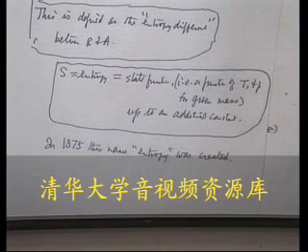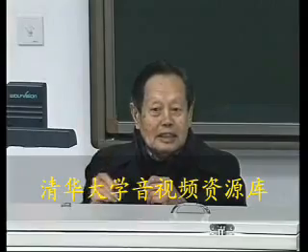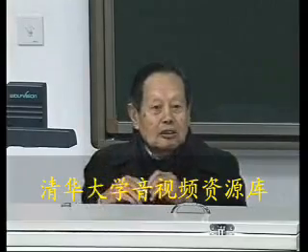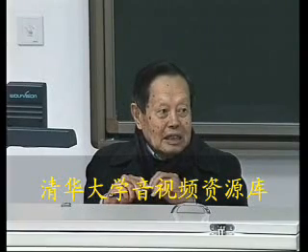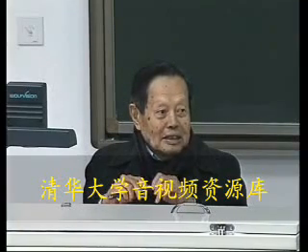Entropy 不是 energy，它们的 dimension 都不一样。因为 entropy 它是 dQ over T，Q 的 dimension 是 energy，所以 entropy 的 dimension 不是 energy，是 energy divided by Kelvin.